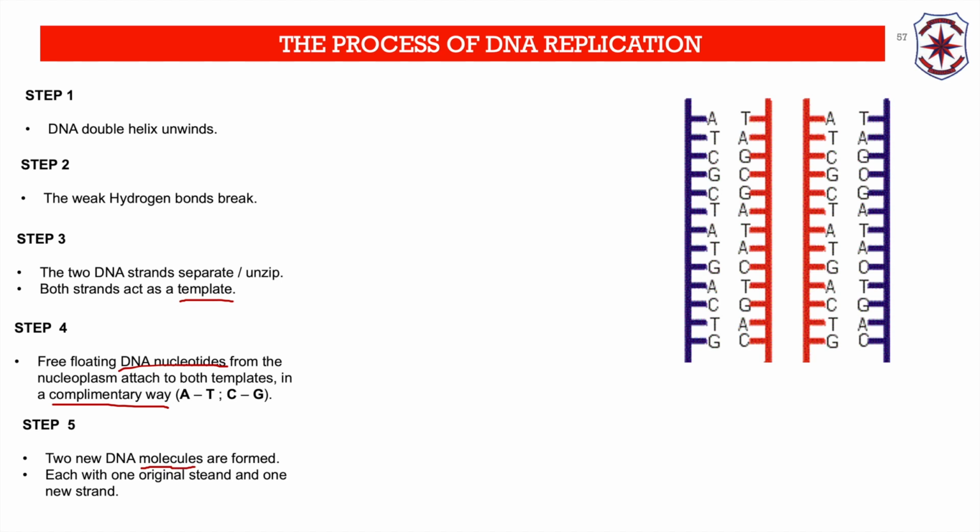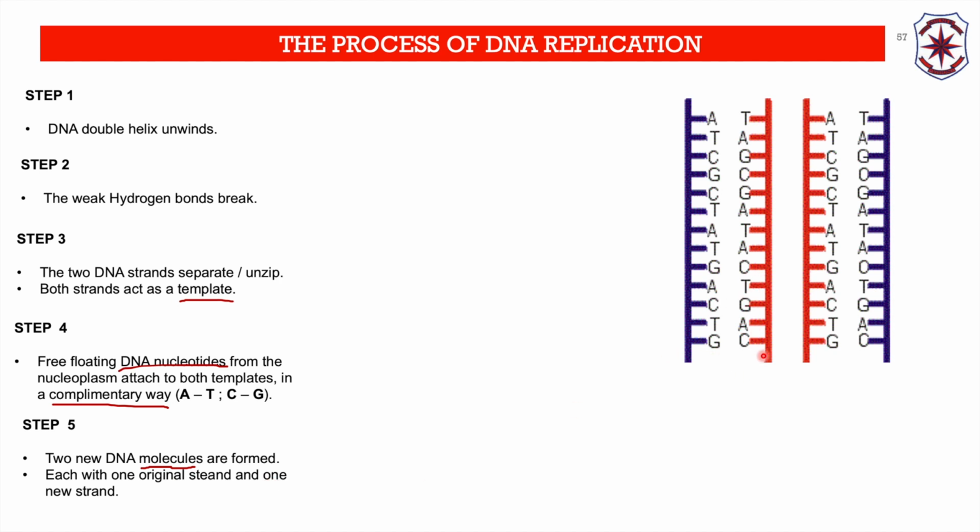At the marking center, when we mark your scripts, usually we see learners make the mistake of saying 2 new DNA strands are formed. Nope, 2 new DNA molecules are formed, each with 1 original strand and 1 new strand.